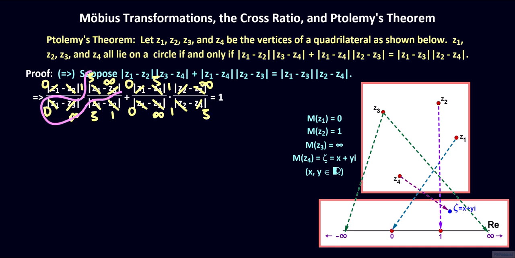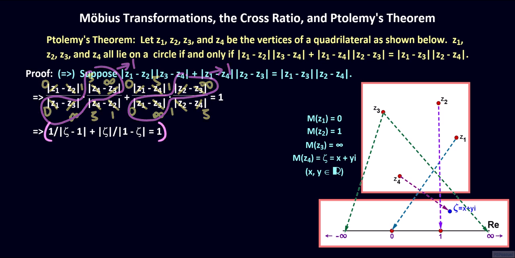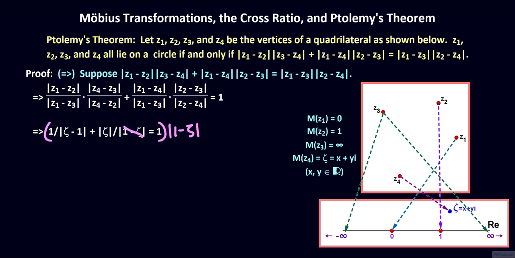The fractions involving infinity both tend to 1 as z tends to infinity, so that we end up with this equation. Multiplying everything by the absolute value of 1 minus zeta, we get 1 plus the absolute value of zeta equals the absolute value of 1 minus zeta.